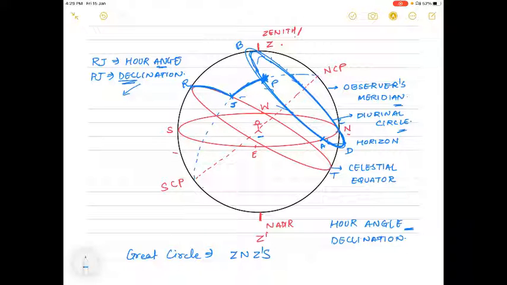This is a limitation of the local equatorial coordinate system, as it depends on the time and the place from where the observer is observing the star. So the declination remains the same, but the right ascension changes as the star follows its diurnal motion.